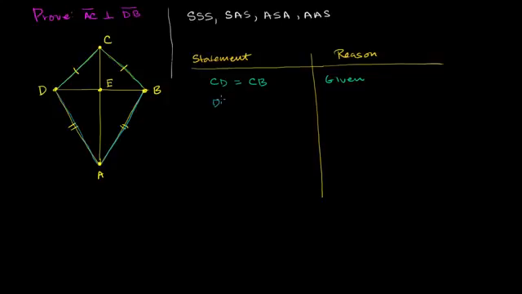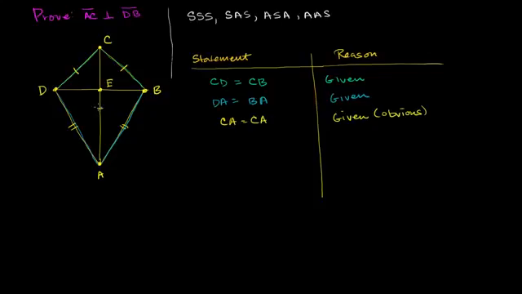So DA is equal to BA. That's also given in the diagram. And then we also know that CA is equal to CA, I guess we could say. So CA is equal to itself, and it's obviously in both triangles. So this is obvious from the diagram. Both triangles share that side.